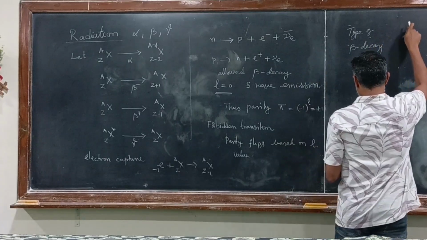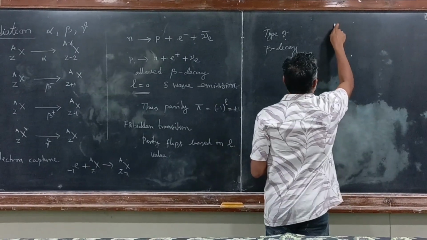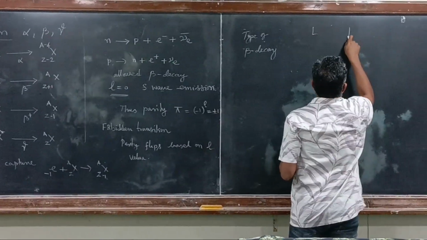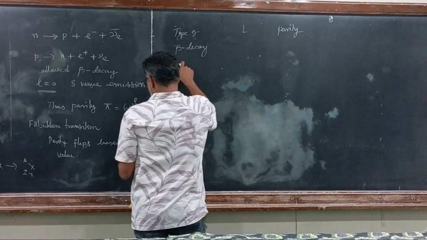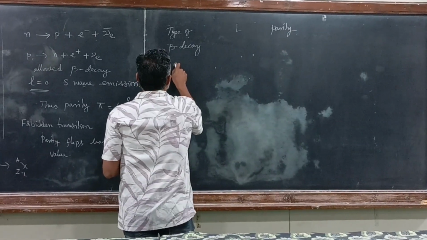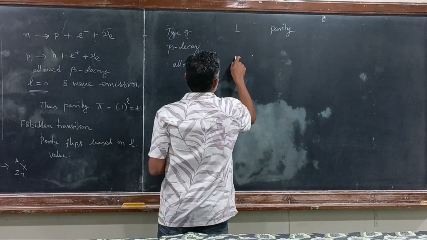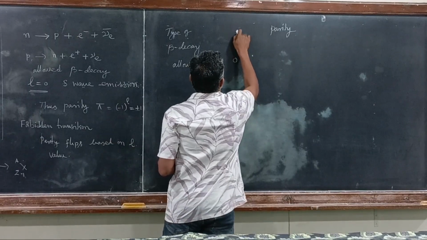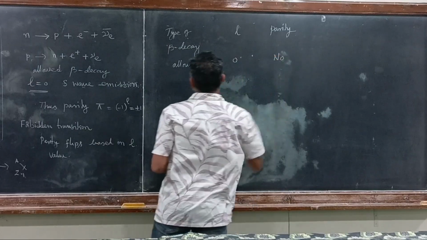So the type of beta decay, the L value, and then the parity change. Suppose this beta decay is allowed. Your L value is 0, and there is no parity change.